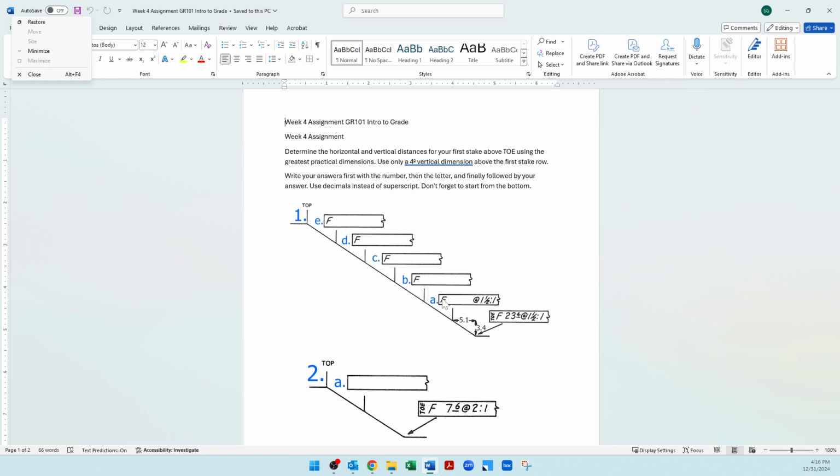So the fill from here up is going to be 20, because that's going to be 4 now. So the 3.4 is gone. The fill from here all the way to the top is 20. The fill from here all the way to the top is 16.